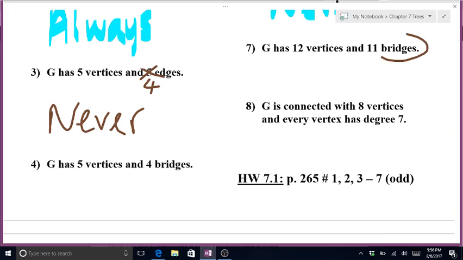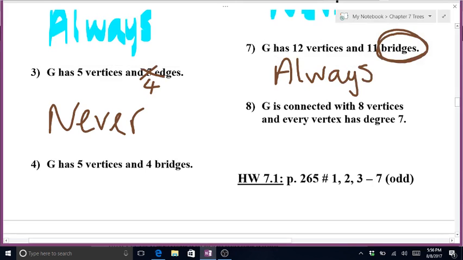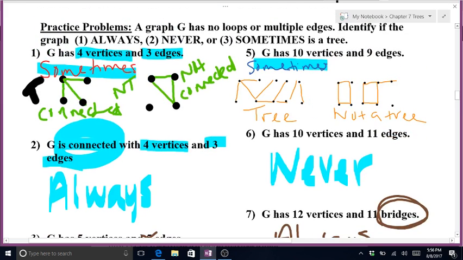Whenever they use that vocabulary word, bridges here, that means it's connected. This is an always. So the only time you get a sometimes is when they're not specific, like they were in numbers 1 and 5. Okay, it doesn't say bridge and it doesn't say connected.